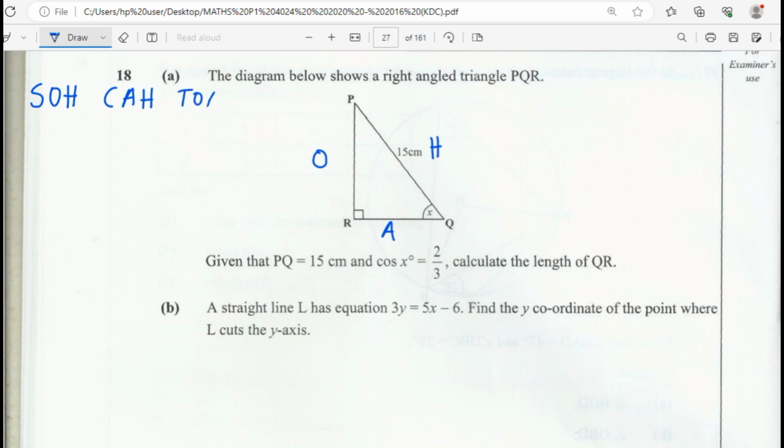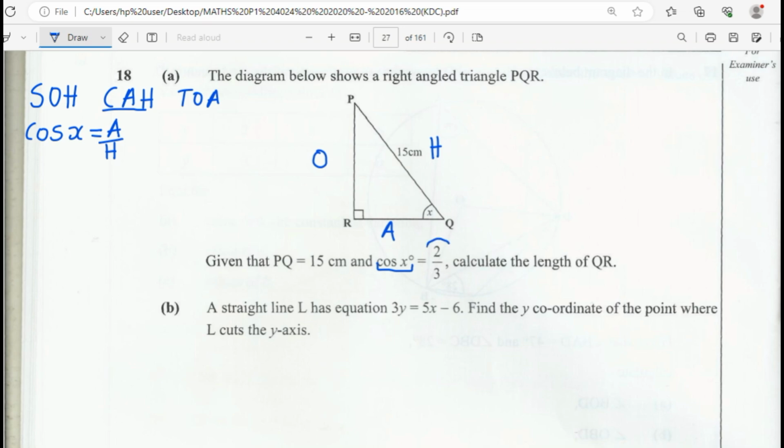From the SOHCAHTOA, we are going to get the CAH, because it consists of the cos, since we are given the cos of this angle. So cos x is equal to the adjacent over hypotenuse. Now what is the cos of x?